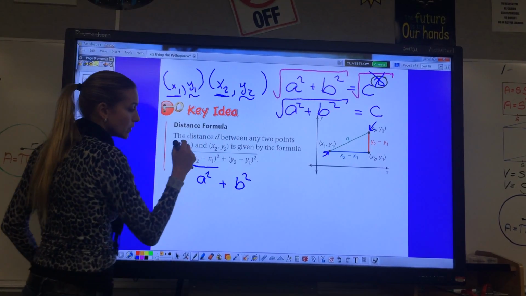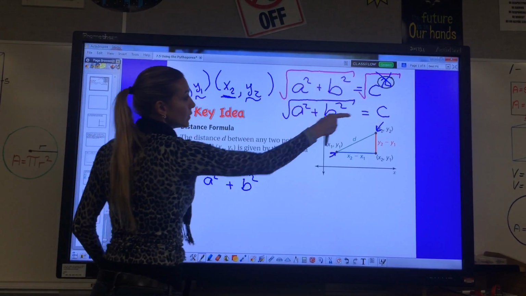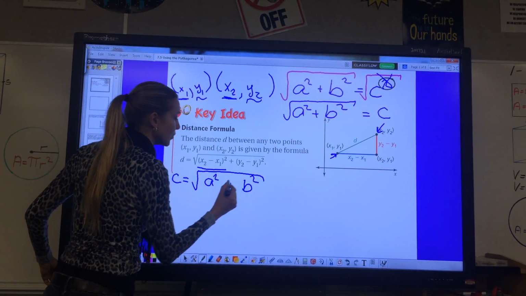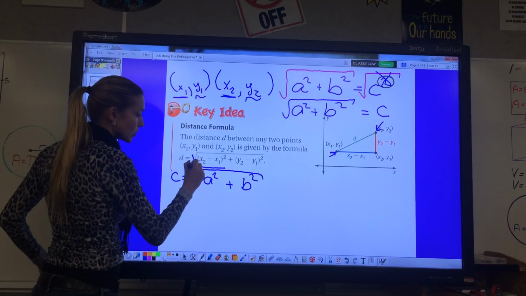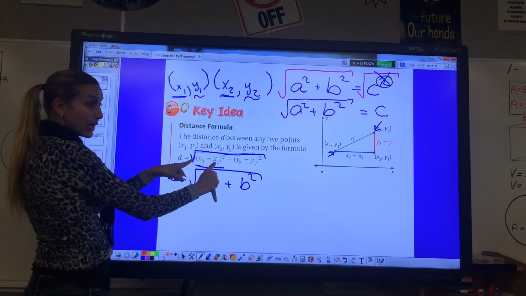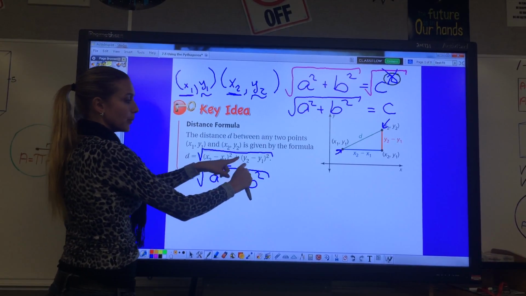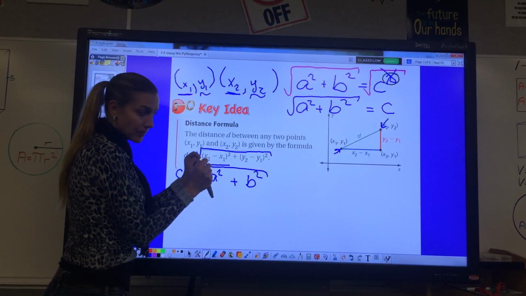And what does the Pythagorean theorem say? A squared plus b squared equals c squared. And here what we said is, if I just want c, I have to take a square root of it. So the distance equals the square root of the difference between my x coordinates, squared, plus the difference between my y coordinates, squared.